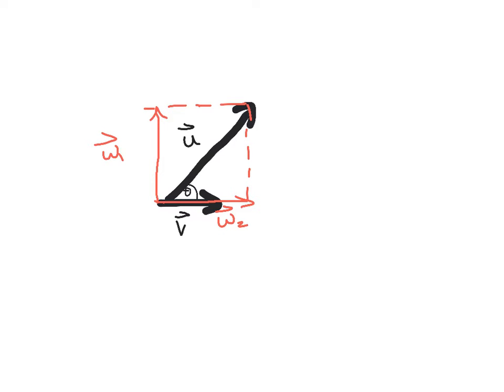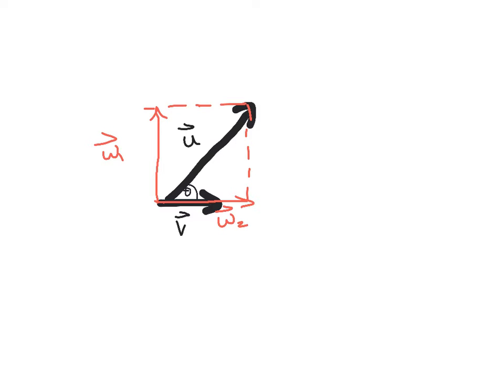Okay? Now, these red vectors, along with these parallel dotted lines that I've drawn in, those are the components of u. What does that mean?